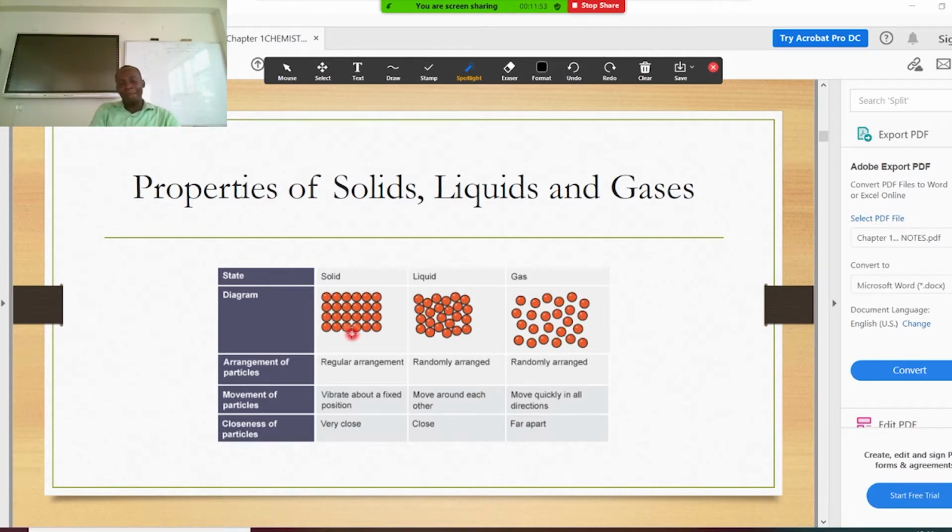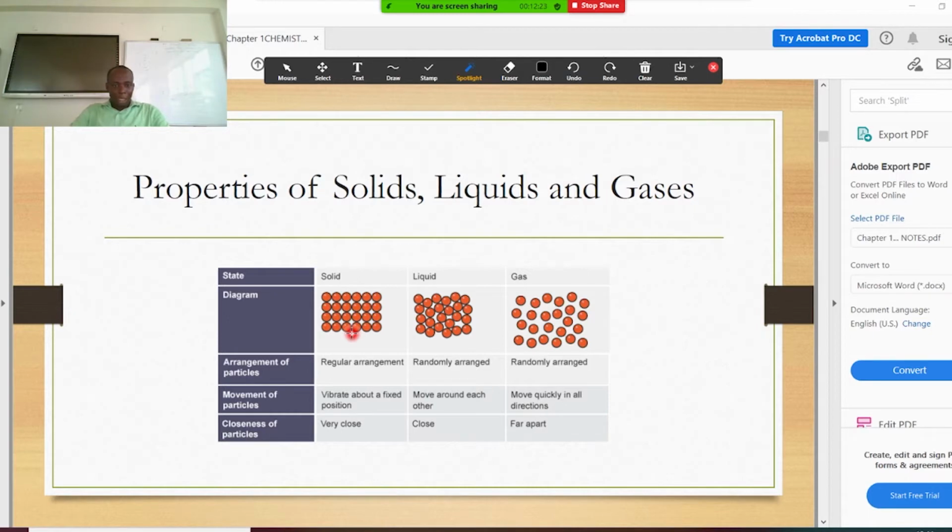We describe that as a lattice. A lattice is a three-dimensional structure formed as a result of the ordered, regular arrangement of atoms, molecules or ions in solids that are closely packed.